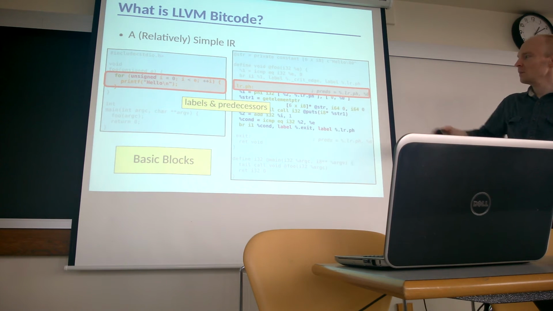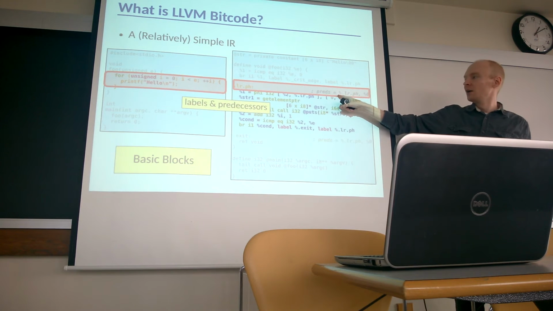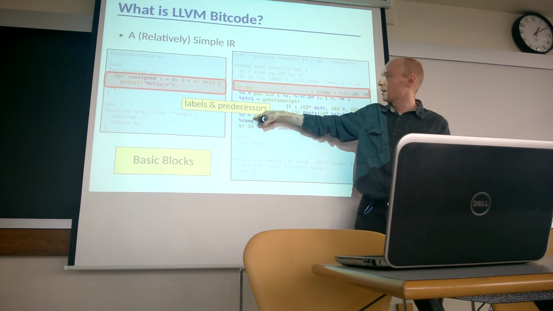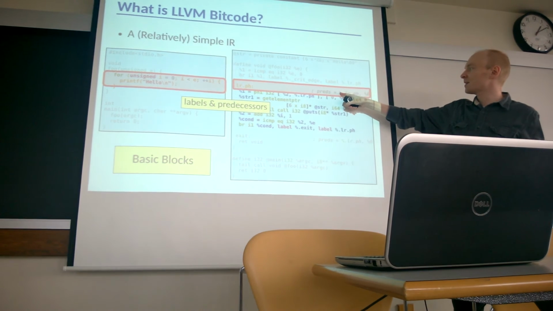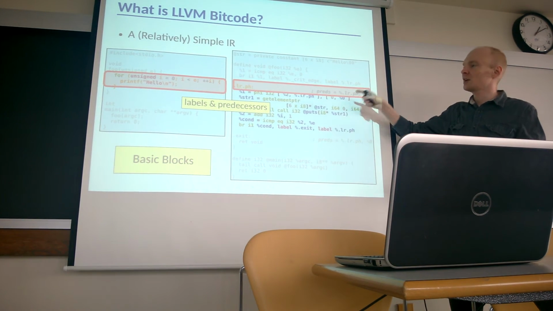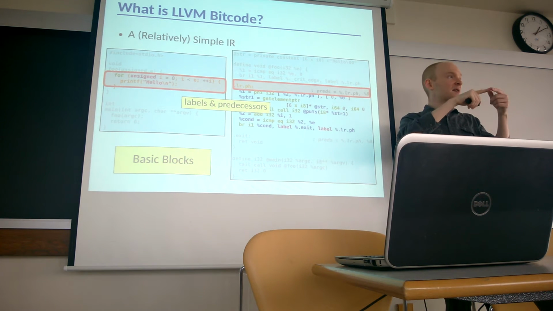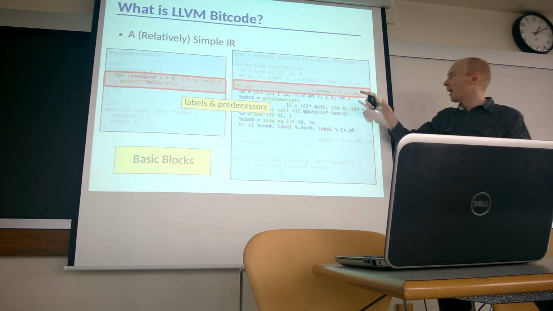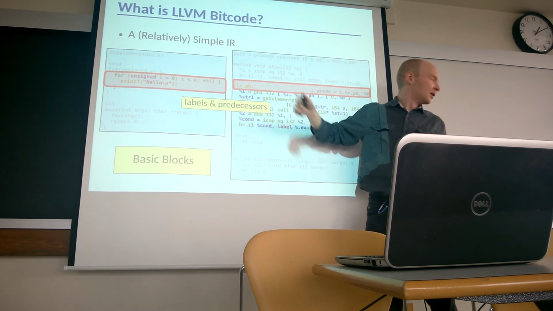Okay. You can notice we also see the edges in here. The label for this basic block is .lr.ph, and we can see that its predecessors include .lr.ph. That shows that it loops to itself, right? It has an incoming edge from itself, and you can see it has a predecessor of 0, which is this one right here. So what is that showing us?